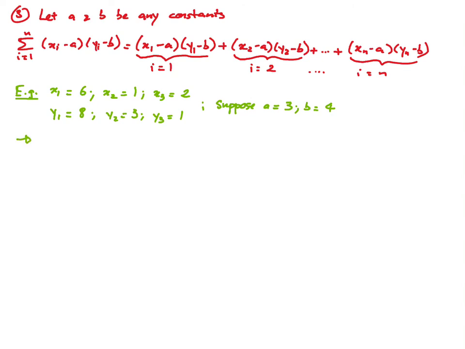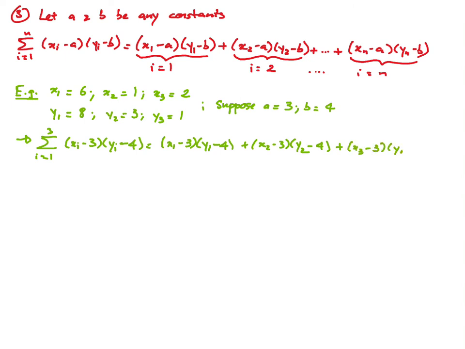So the summation for i going from 1 to 3 of (xi minus 3) times (yi minus 4) is going to be equal to (x1 minus 3) times (y1 minus 4) plus (x2 minus 3) times (y2 minus 4) plus (x3 minus 3) times (y3 minus 4).